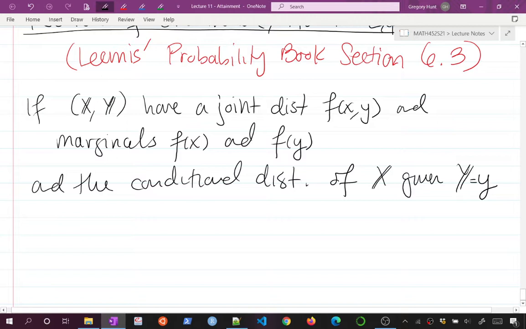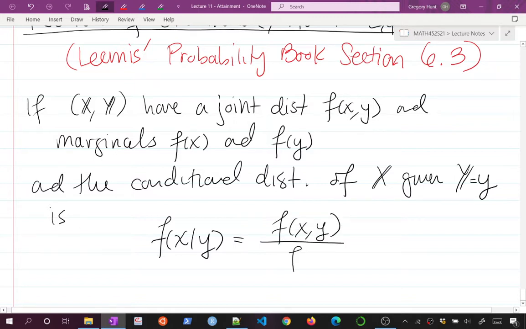We can talk about the conditional distribution of X, typically denoted f of x bar y, which has the formula of the joint over the marginal of Y, f of x,y over fY.